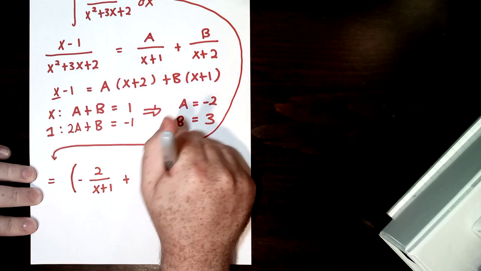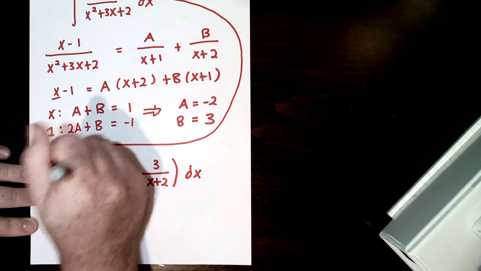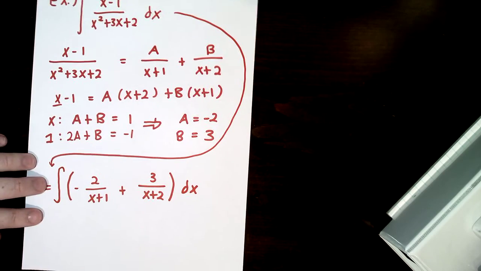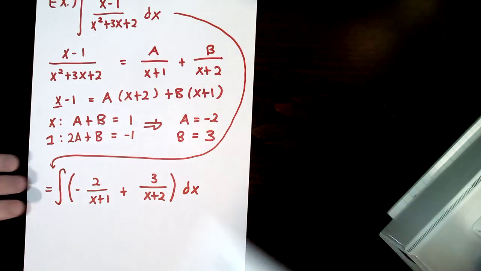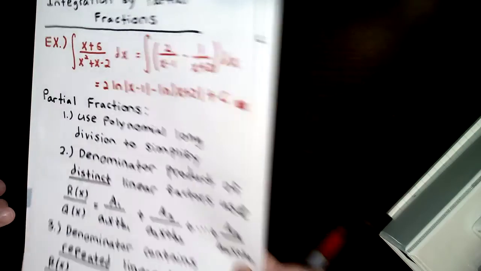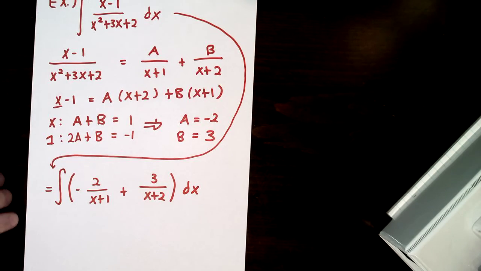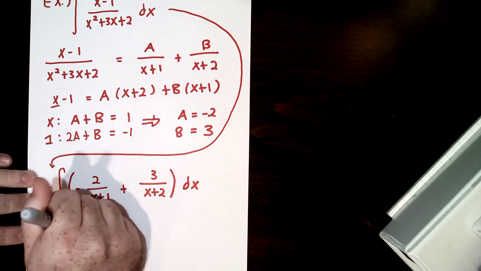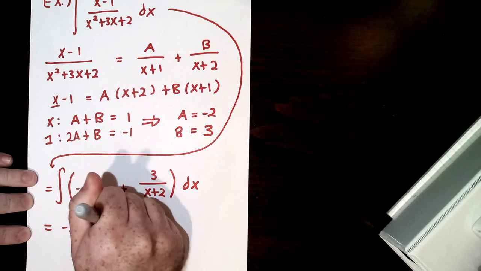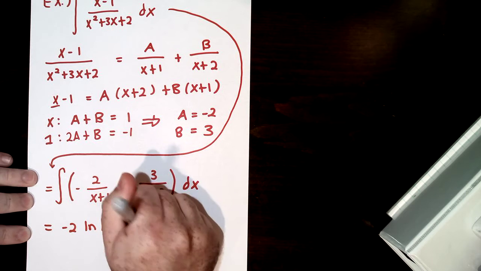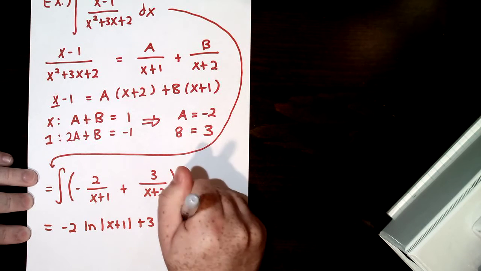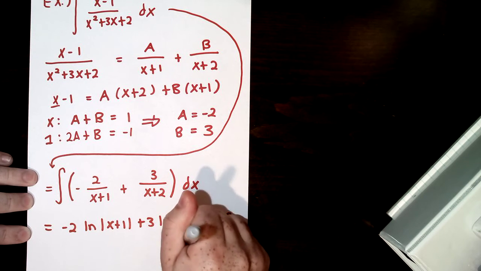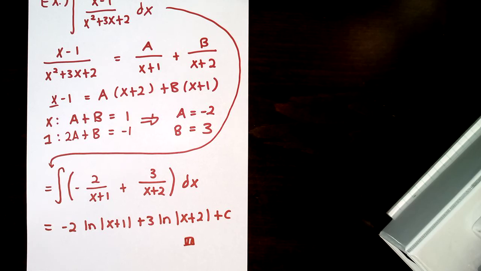And as you can see, this is a very simple integral to evaluate, and this type of integral is just like the one that was used in our motivational example right above here. So this is simply going to be equal to negative 2 times the log of x plus 1 plus 3 times the log of x plus 2, and do not forget your constant. And that will be our final answer.